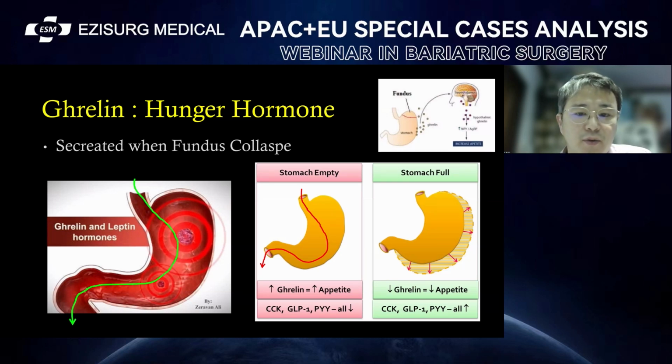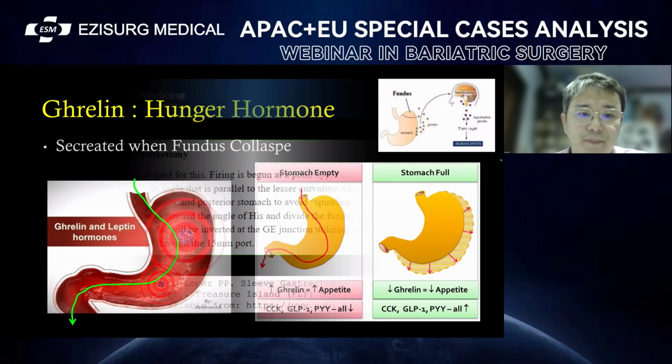Also, you can compare the right side and the left side. Some patients may not have the angle here, so food can go through more easily and make them hungry often. So the sleeve procedure can correct both sides, and you can create the angle as well.